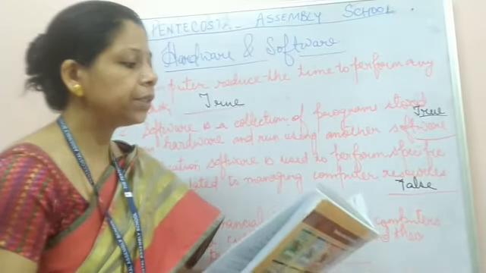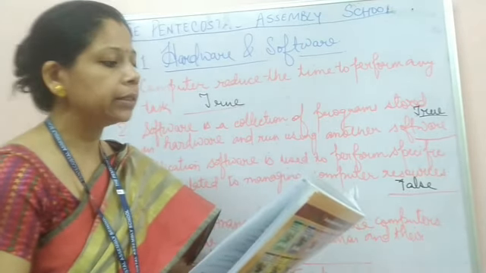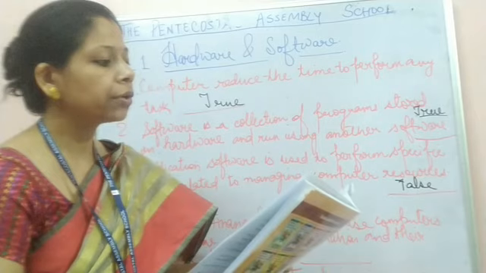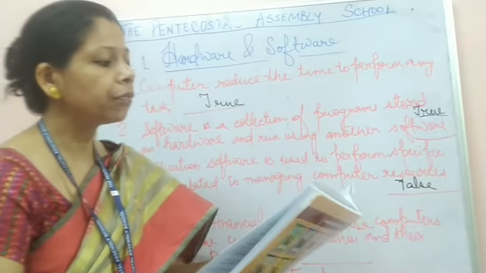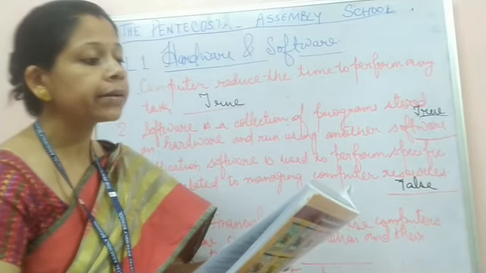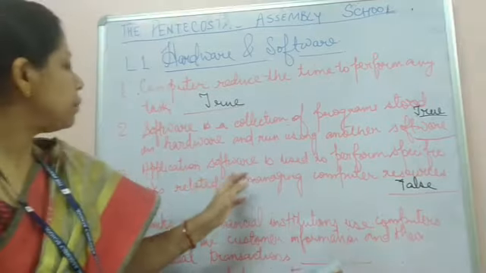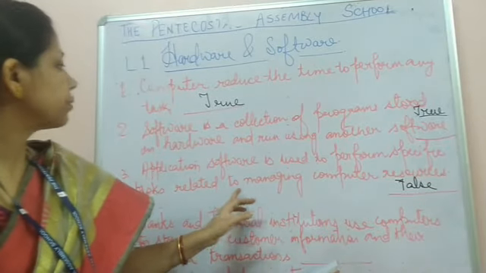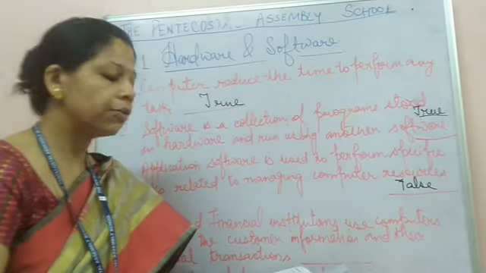The first sentence says application software is used to perform tasks other than running a computer system. And the statement here is, application software is used to perform specific tasks related to managing computer resources. So this answer is false.